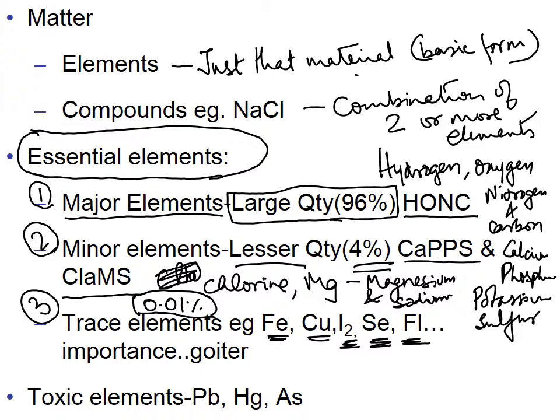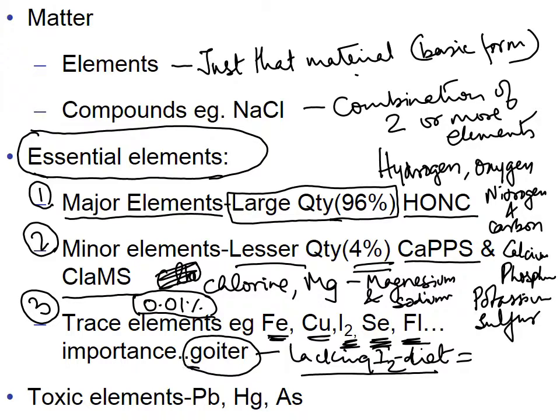The reason is, if you are lacking in iodine in your diet, you can end up suffering from a disorder or a disfigurement called goiter. And this actually happens for people living far away from the seashore, because the sea and fishes are a major source of iodine.